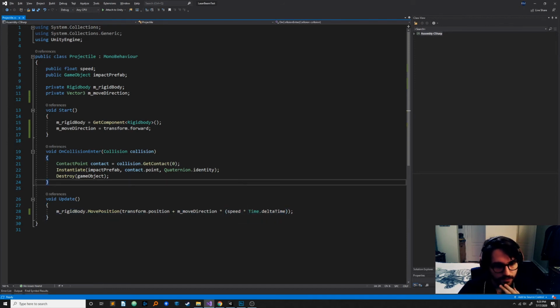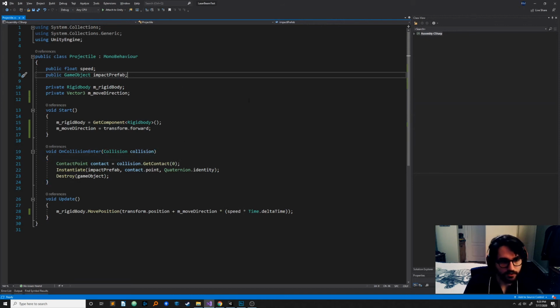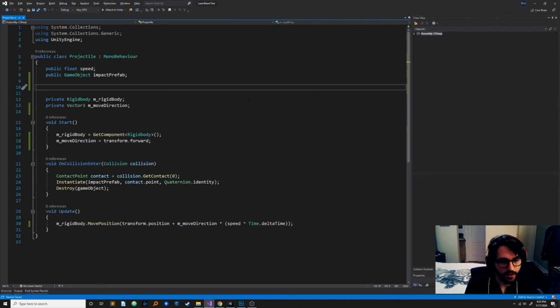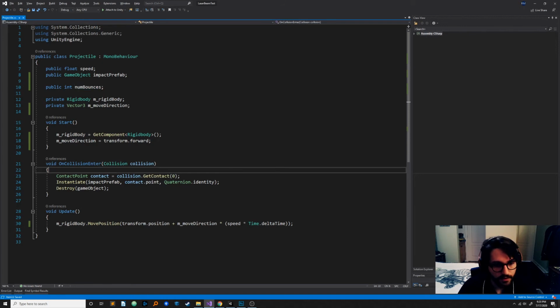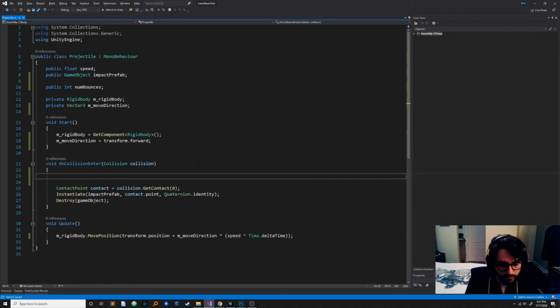Now what we want to do is say, hey, we don't want to burst when we collide. We want to be able to bounce. So we're going to introduce a variable. We'll call it num bounces. This is essentially how many times we will bounce before we actually generate the impact prefab. Then when we collide, we pre-decrement num bounces.